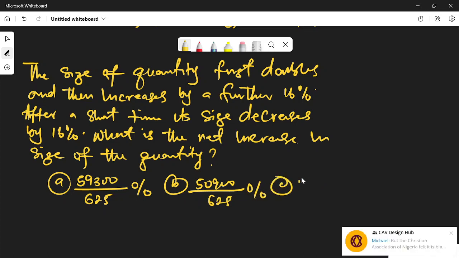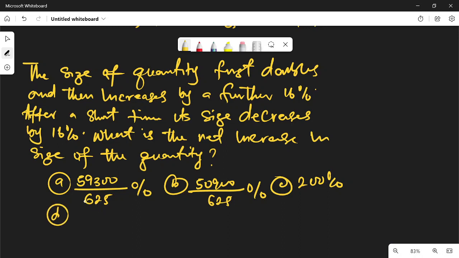Option C, you have 200%. Option D, you have plus 100%. Option E, you have negative 100%. So I'd like the right answer, please.